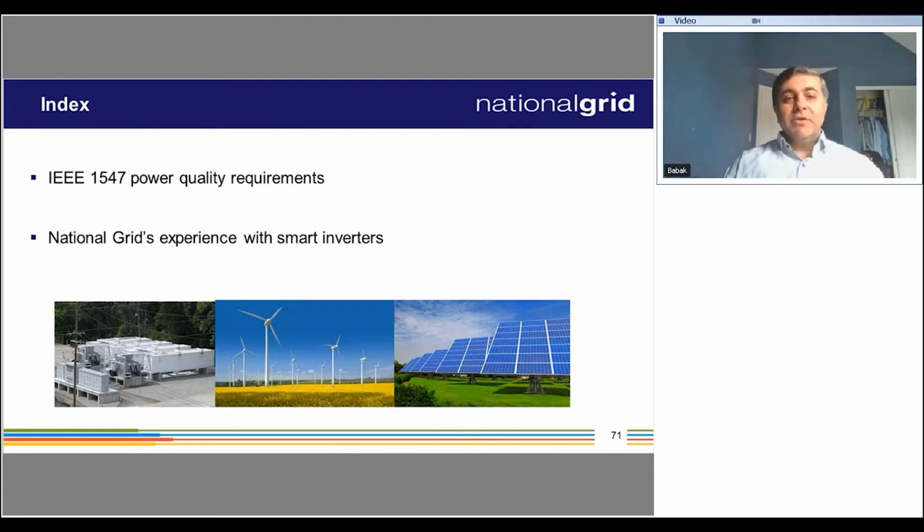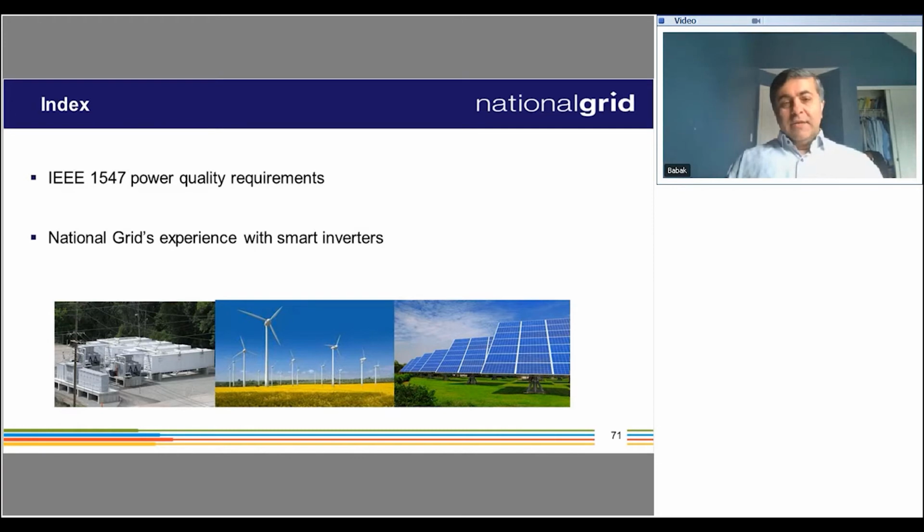And so I'll highlight some of the recent power quality changes. The standard went through a major revision. The newer version was published in 2018, I believe in April, so a lot of new requirements on many smart DER functionalities, but today's focus will be on the power quality.